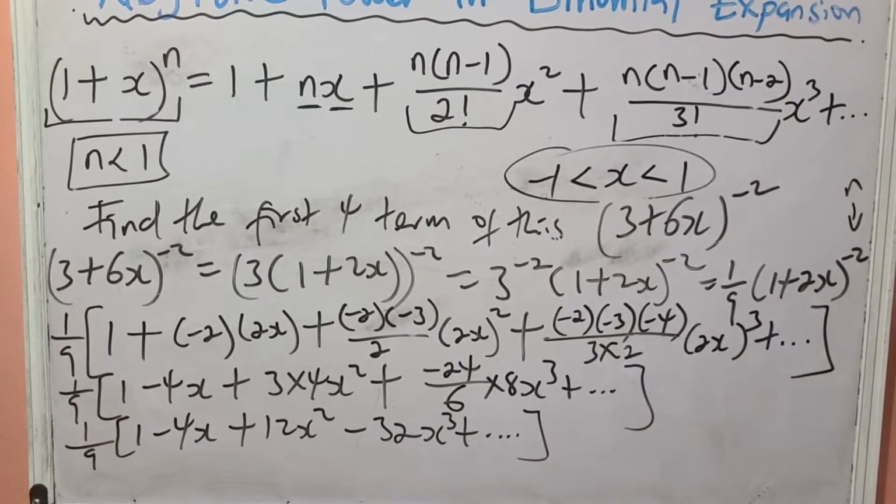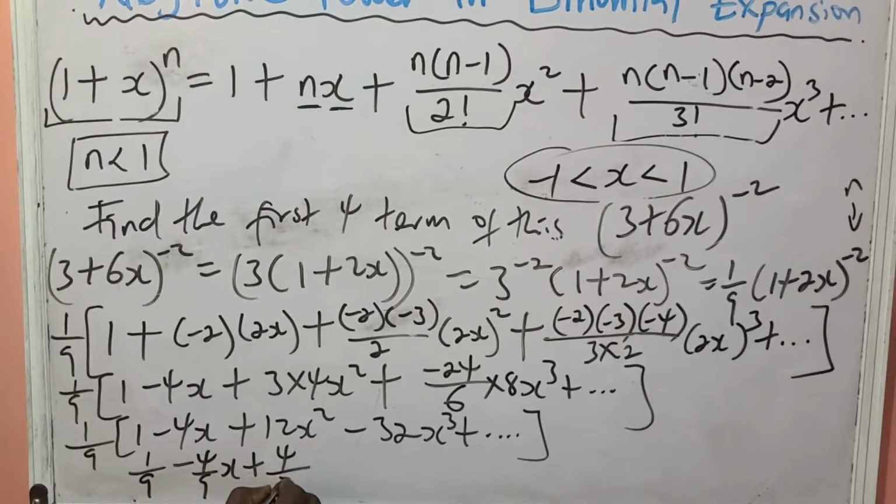What we're doing next now is to multiply everything inside our big bracket with 1 over 9. So 1 over 9 times 1 will give me, obviously, 1 over 9. 1 over 9 times 4 times minus 4 will be minus 4 over 9 x. 12 over 9 will resolve to 4 over 3, I'm sure you know why, because 3 can go in 12 and 3 can go in 9.